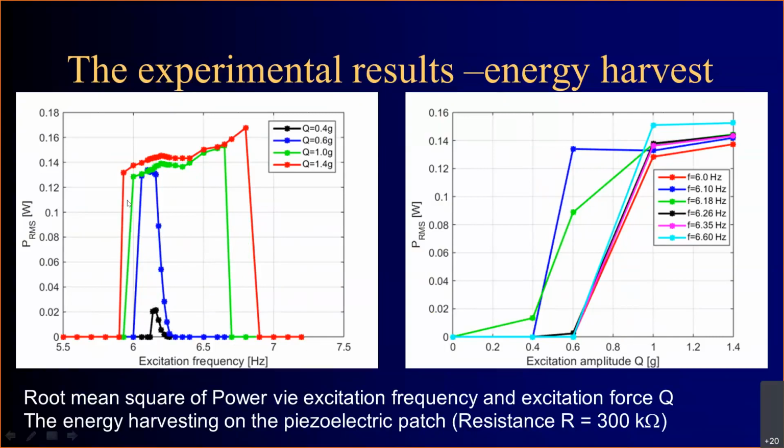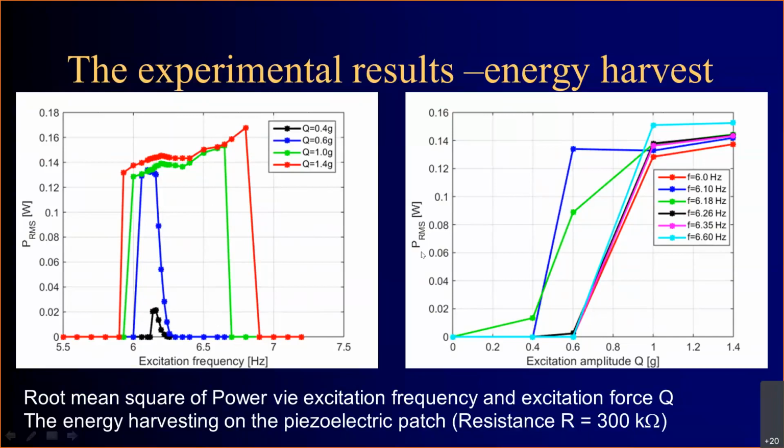We have from below 6 Hz up to 7 Hz a much higher value of the output power compared to the previous case when the system has no impacting. So we can say, for an excitation frequency of 6.5, we can expect two different solutions if the system is impacting or not impacting.